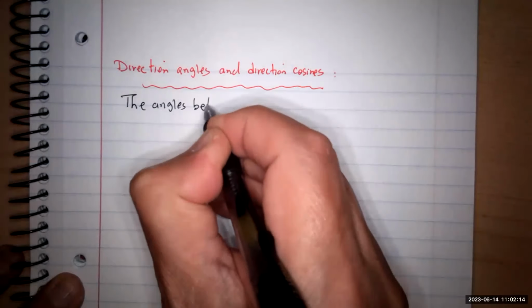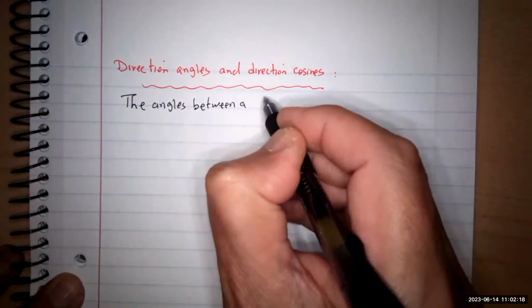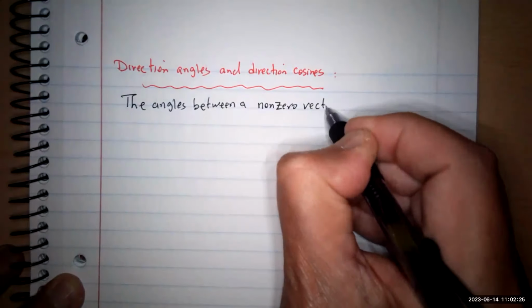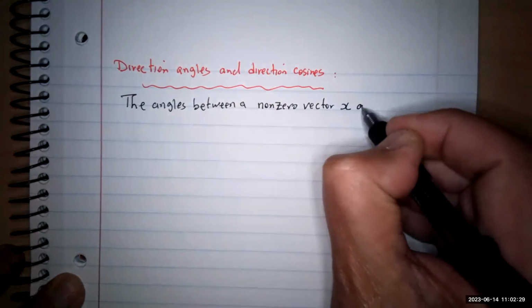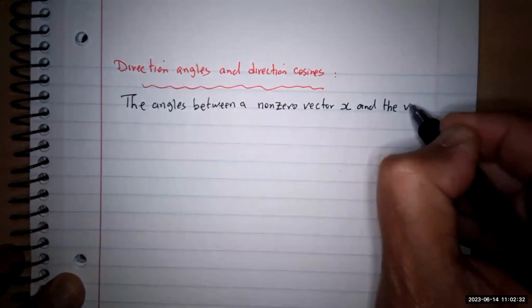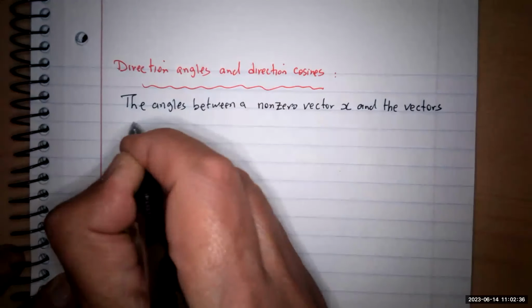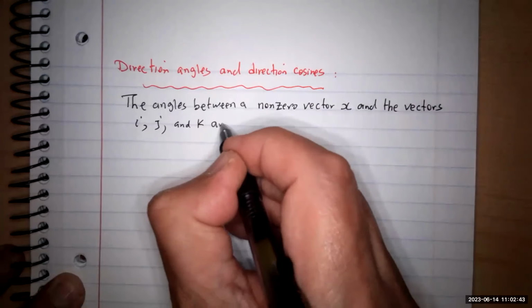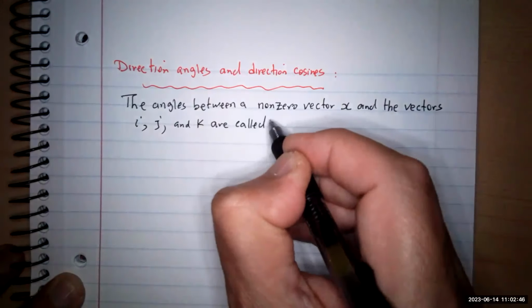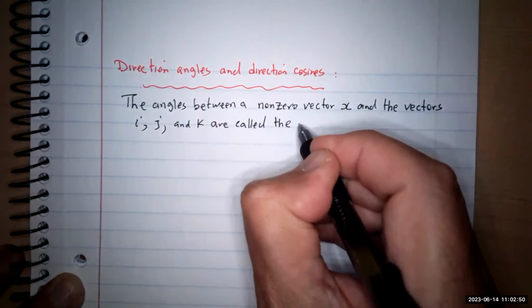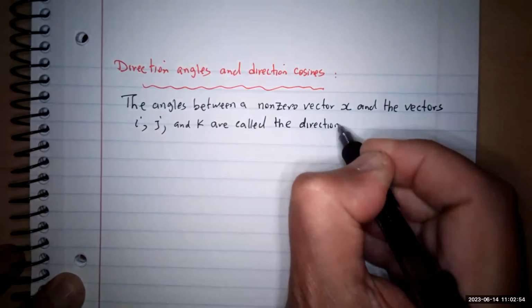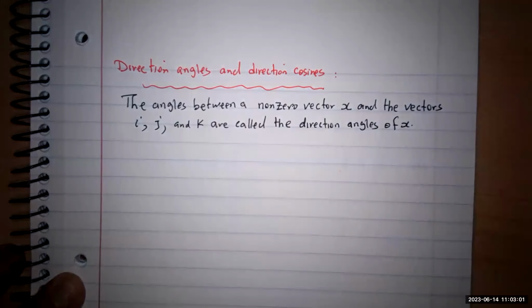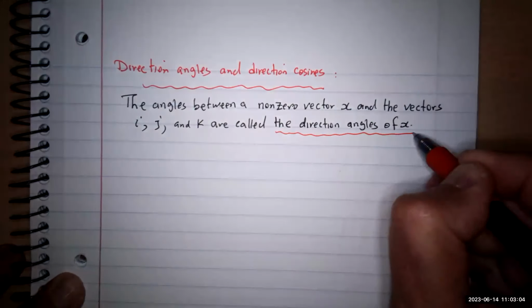Okay, the angles between a non-zero vector, like x, and the standard vectors i, j, and k are going to be called the direction angles of x.